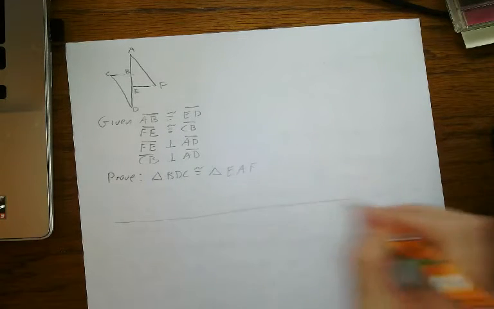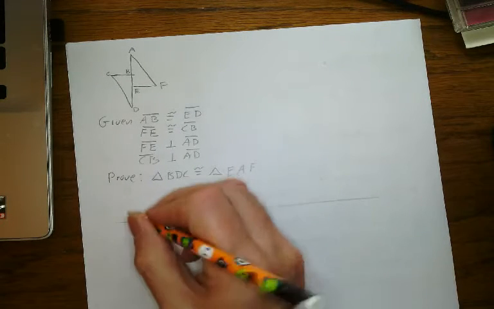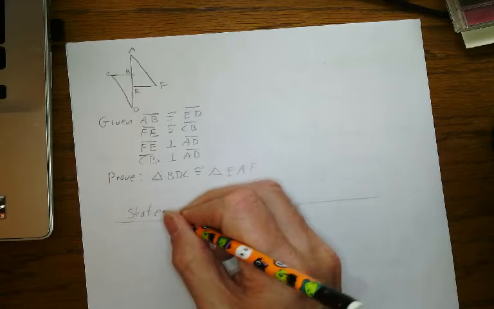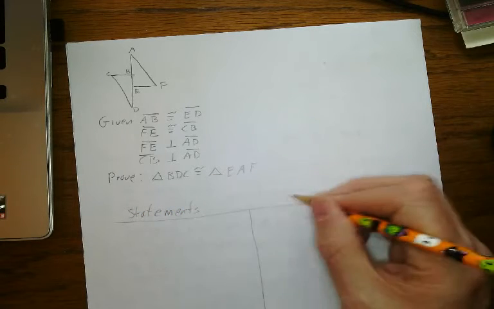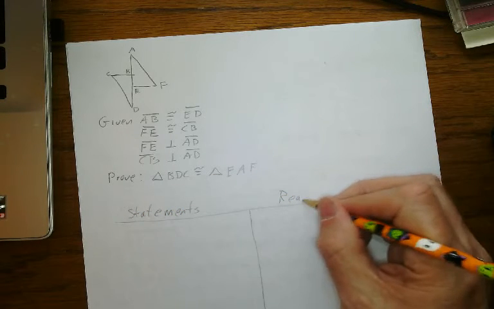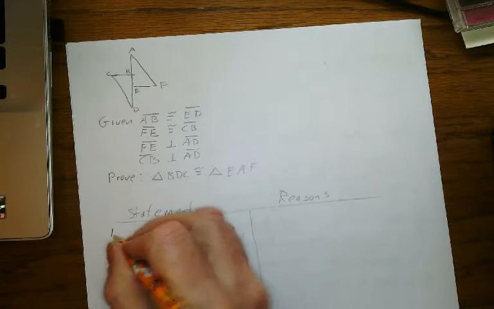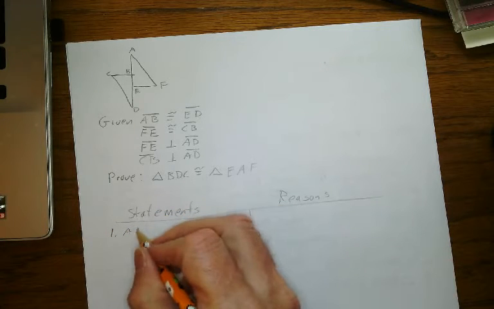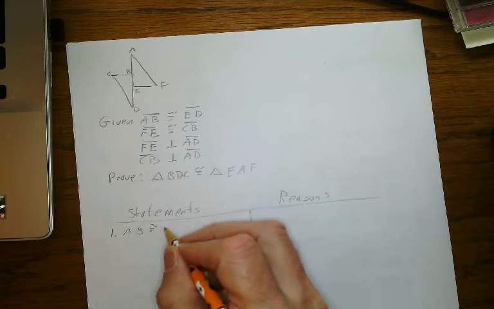And all proofs have two columns with statements and reasons. And we begin by listing the givens.